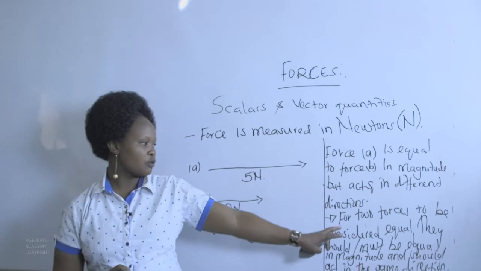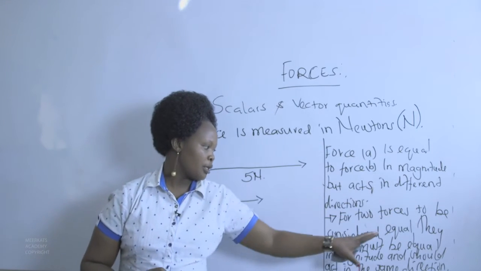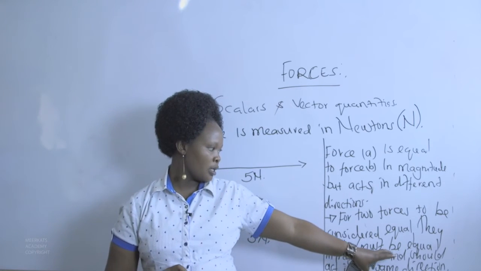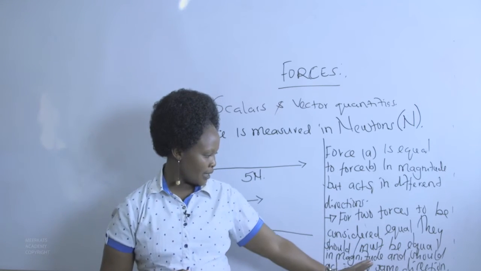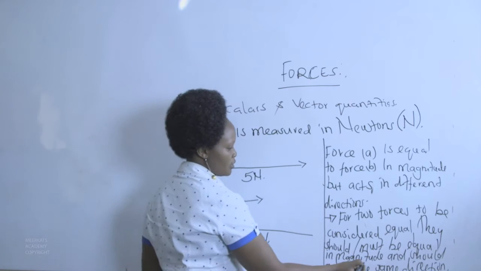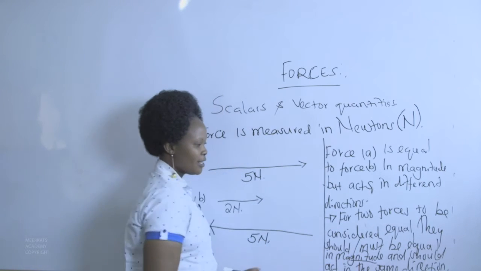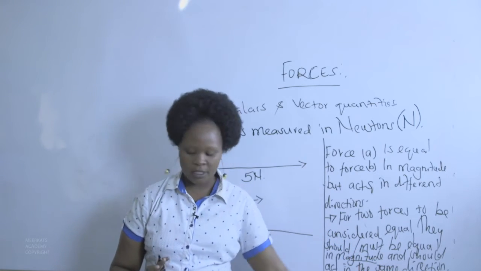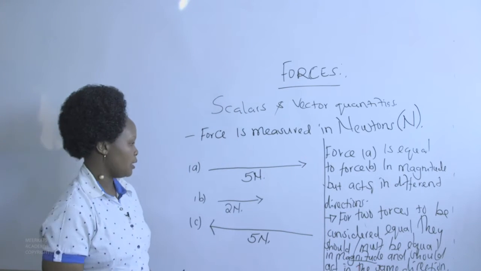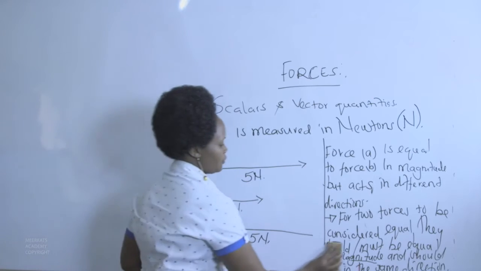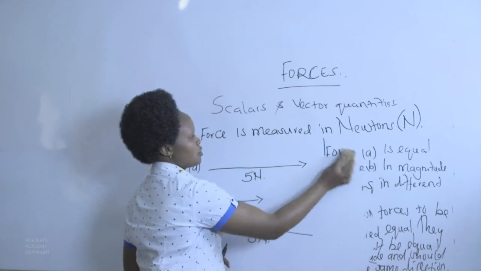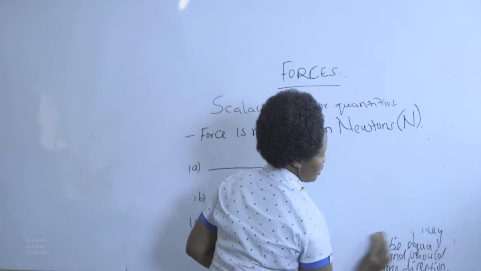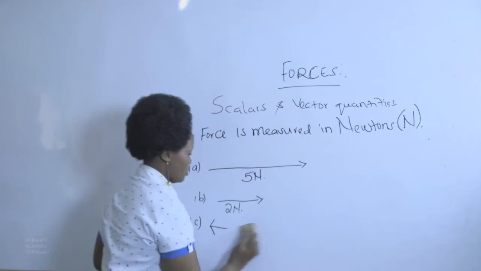I'm saying that for two forces to be equal, they must or should be equal in magnitude or the size, and then the direction of action of the forces should also be the same. Now, let me show you some drawings of forces that should be considered equal.